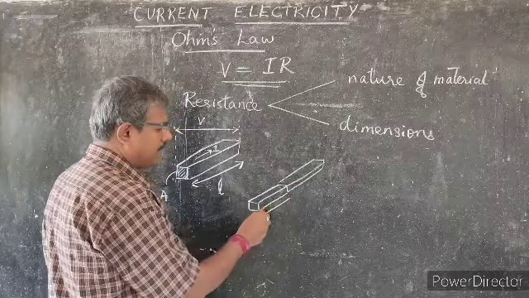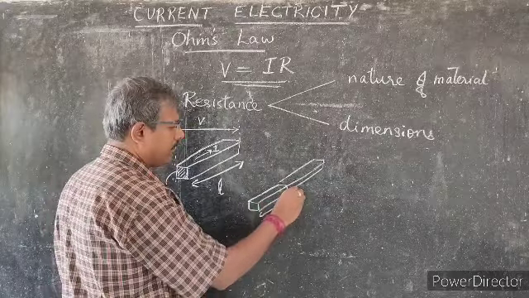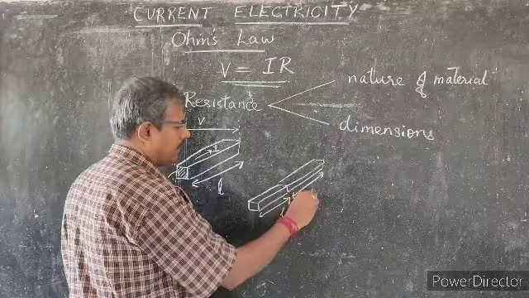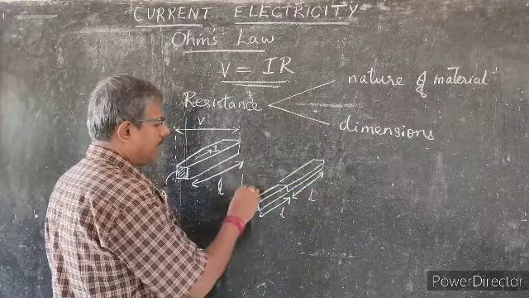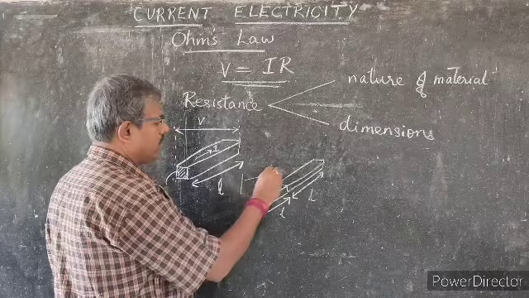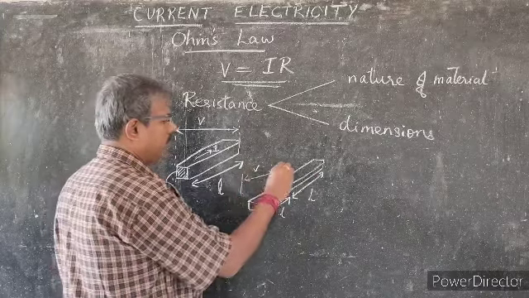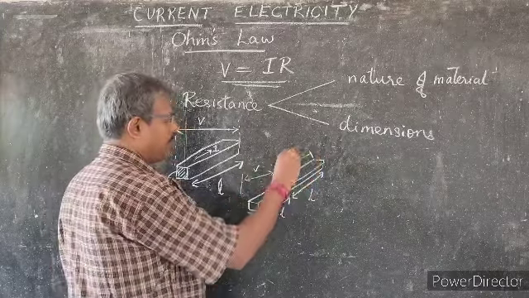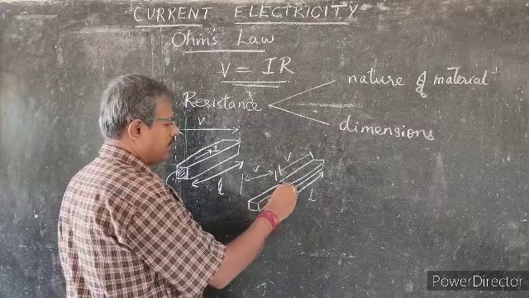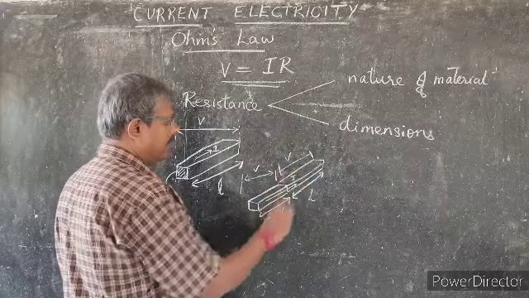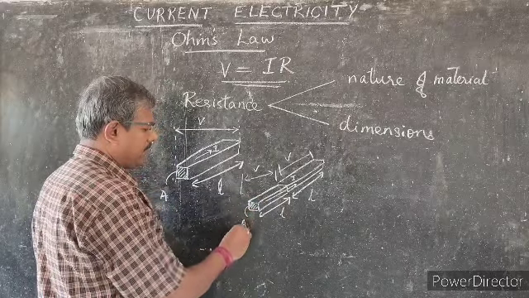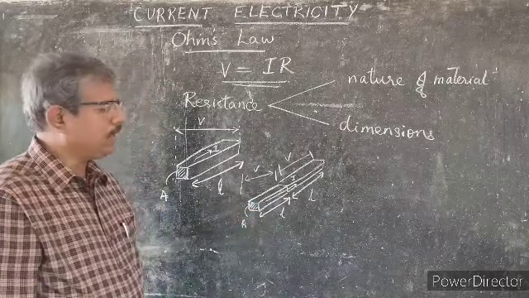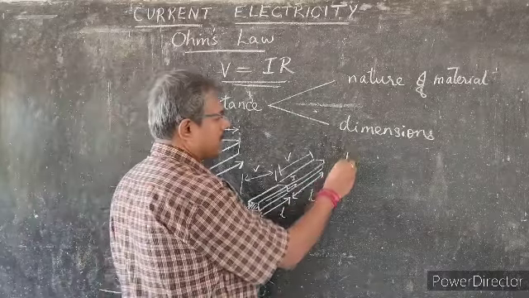So each of length L and L, and the voltage applied across the end of each of them is V and V, and the electricity that's flowing is I. Area of cross section happens to be the same, which is A. What do you think happens to the resistance of this combination?